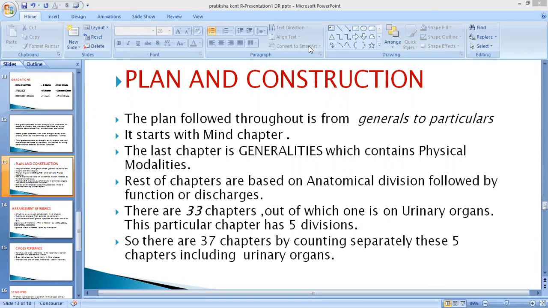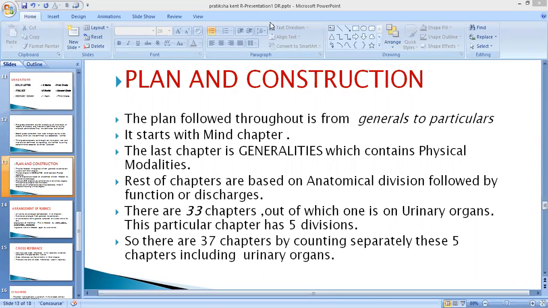For example, the rubrics related to lungs, heart, aorta, sternum, mammary, axilla, diaphragm, and clavicle. All the rubrics related to these parts we found under chapter chest.